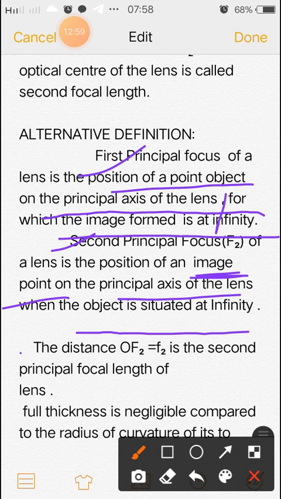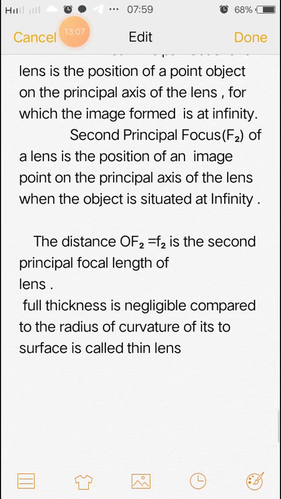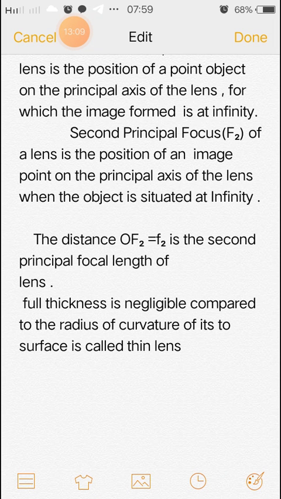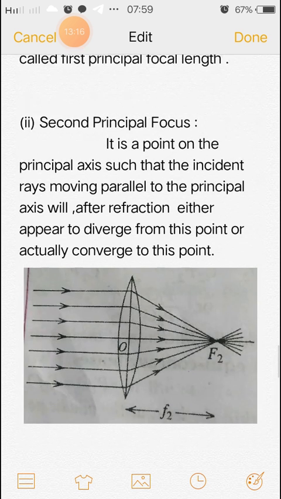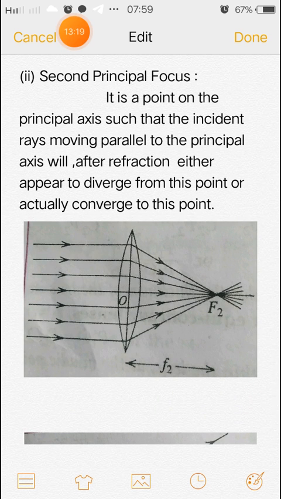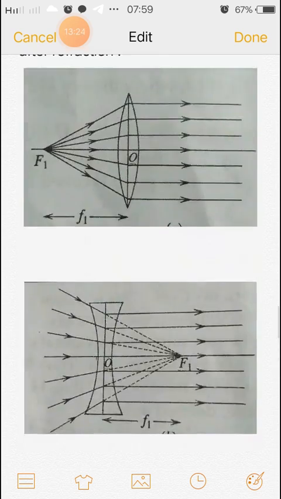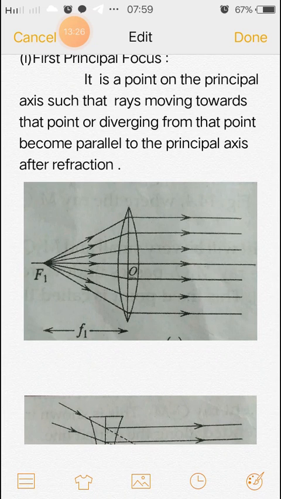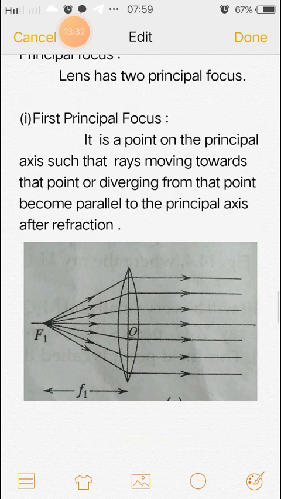The distance OF2 is the second principal focal length. So a lens has two focal lengths, but a mirror has one focal length.